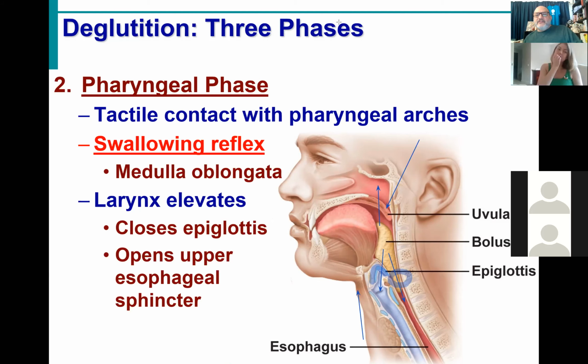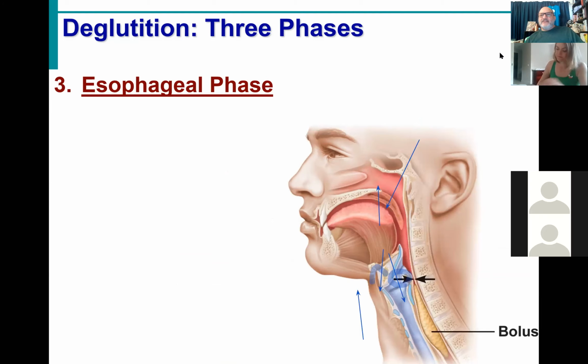Now, once the bolus enters into the esophagus, and again, you can feel this. When you swallow, the larynx elevates and then it descends again. And when it descends is when our bolus has now entered into the esophagus. Once it has entered into the esophagus, our larynx is going to descend.